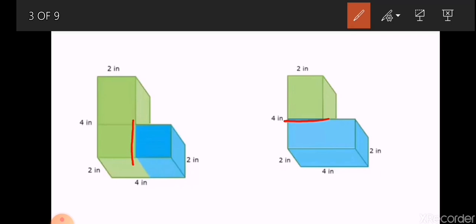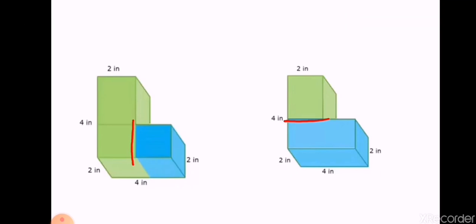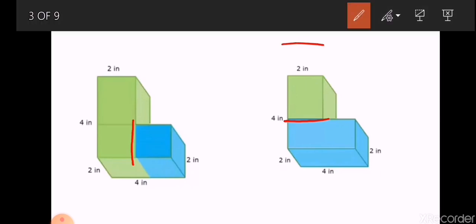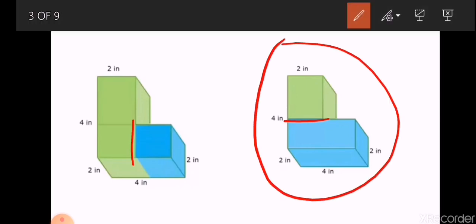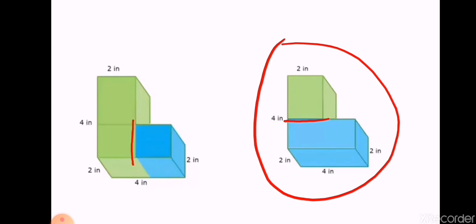So cut it as you wish, then find the volume for the small shapes that you get, then get the total volume by adding these volumes. Here we have a green part and a blue part. I will get the volume for each part separately, then add the volumes. I will use the way of cutting on the right, and get the volume.